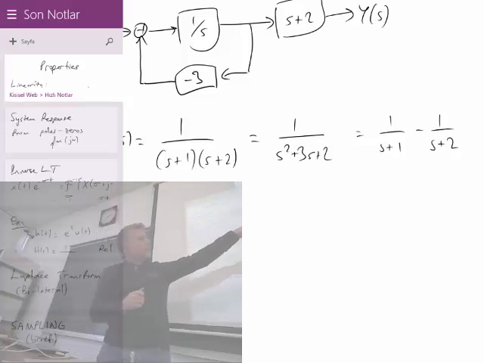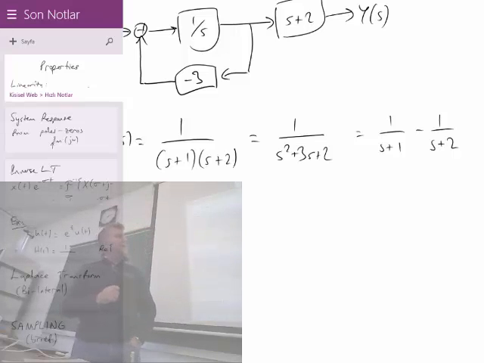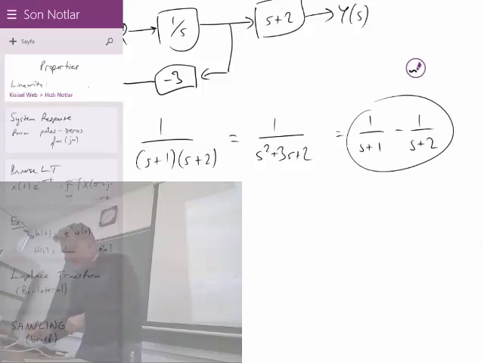Let's look at the last one, 1 over s plus 1 minus 1 over s plus 2. Perhaps it's the easiest to start from that. Let's call it 1.